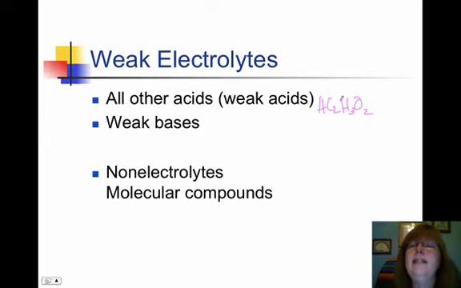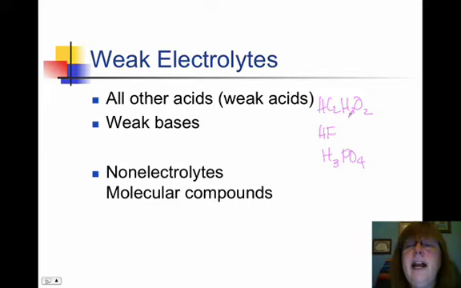Why that is, and this would be something for a higher level chemistry class, but why acetic acid and these other weak acids, any other acid that was not on that list, and we could just keep going here, like phosphoric acid, hydrofluoric acid, why that is, only a few of the molecules, like 5% or less of them in solution, actually lose their proton.